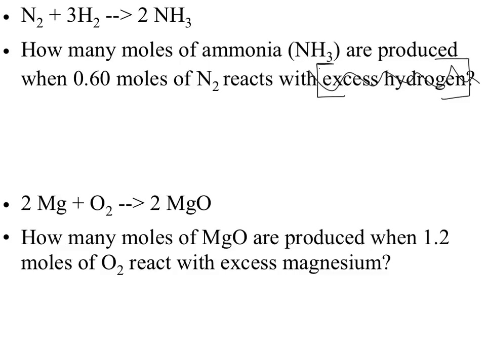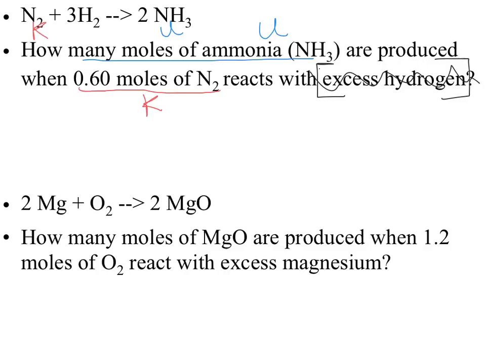I'm given 0.6 moles of nitrogen, so I know this. What am I trying to figure out? How many moles of ammonia? So here's my unknown. I'm going to find those in the problem and identify them to make my life easier. So unknown, ammonia; known, nitrogen.